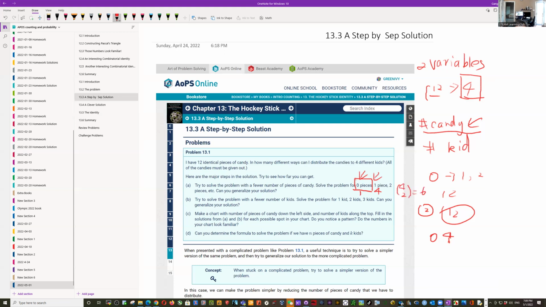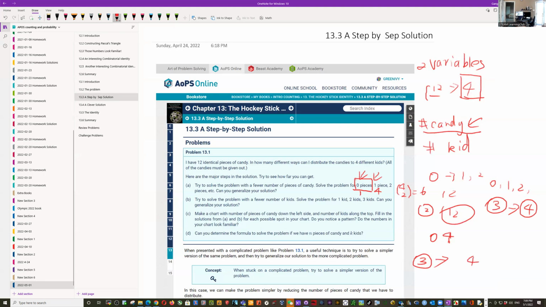So 0 piece, 1 piece, 2 pieces are easily solvable. Let's try 3 pieces given to 4 kids. Obviously, we can give all 3 to 1 of the kids, so that's 4 ways.